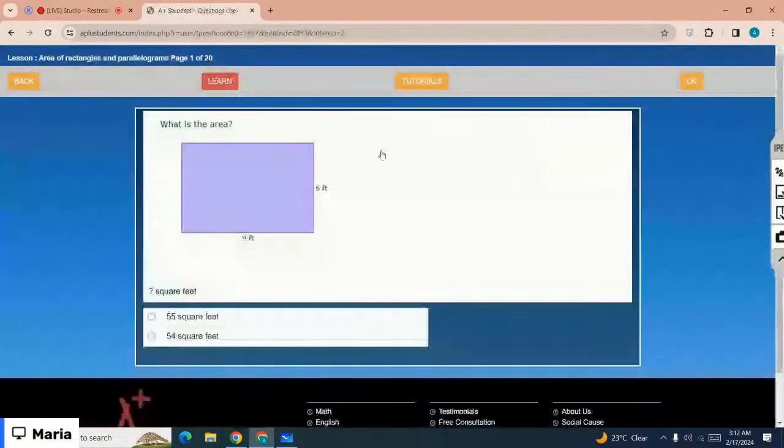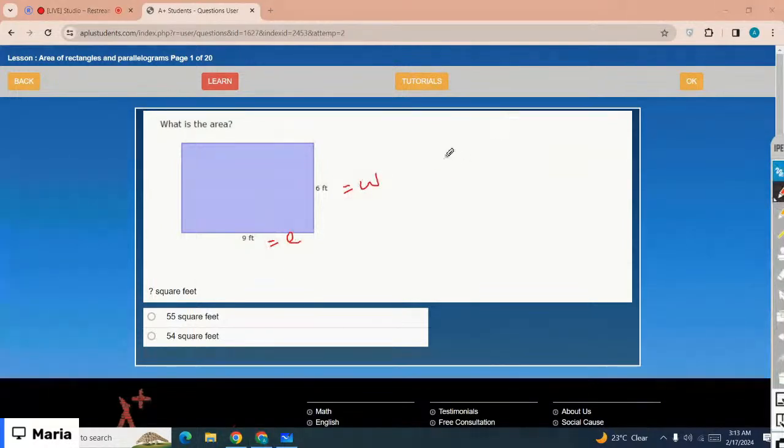What is the area? You are given a rectangle, and you need to calculate the area. You are given the length and the width. Here is the length and here is the width. When you need to calculate the area of a rectangle, you do area equals length times width. You simply have to multiply the two side lengths. So that would be 9 times 6, and 9 times 6 equals 54 square feet.